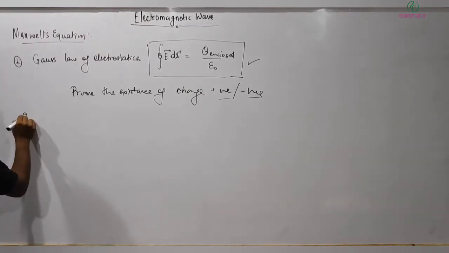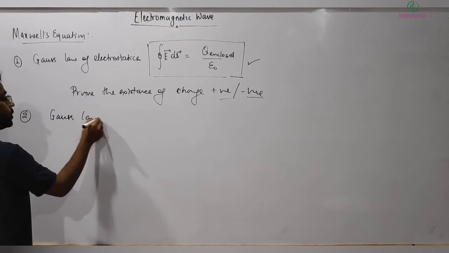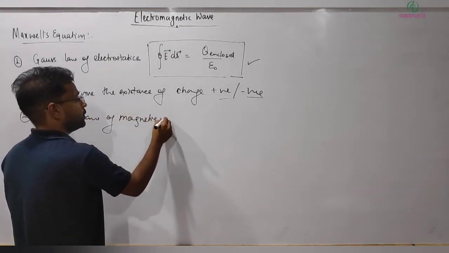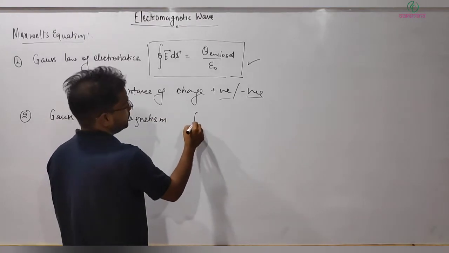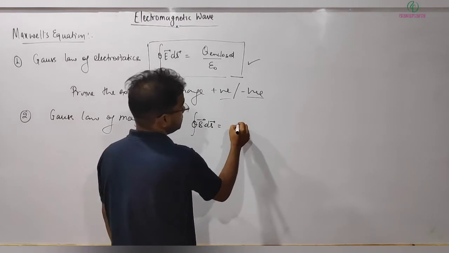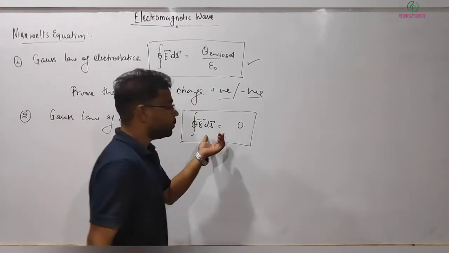positive and negative, separately. Because in the case of magnetism, if we write the Gauss law of magnetism, what is that? It is the integral B dot ds, and this is equal to 0. For magnetism it comes 0. Why is it 0?